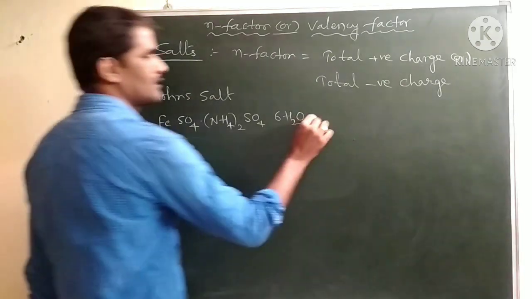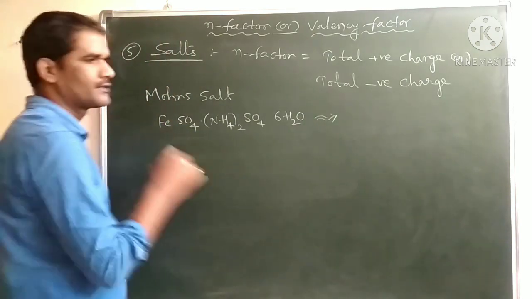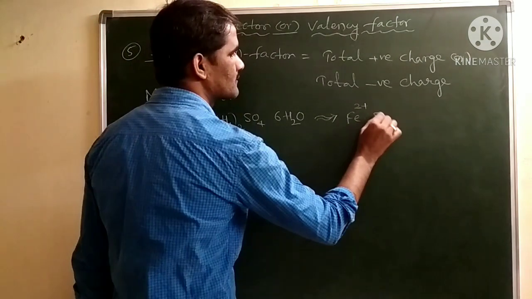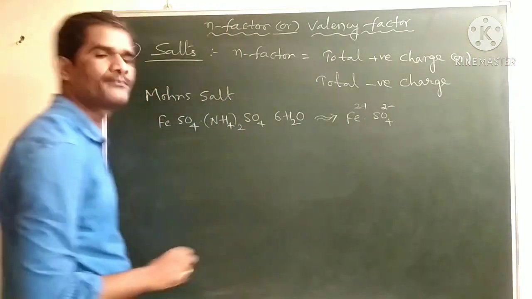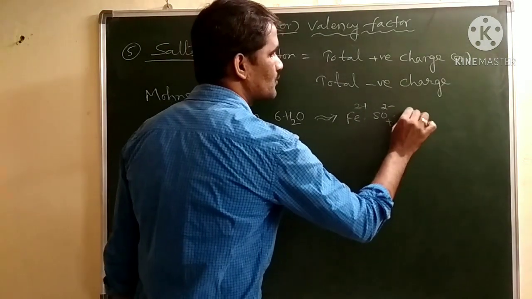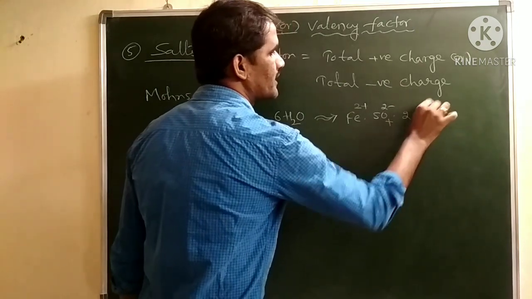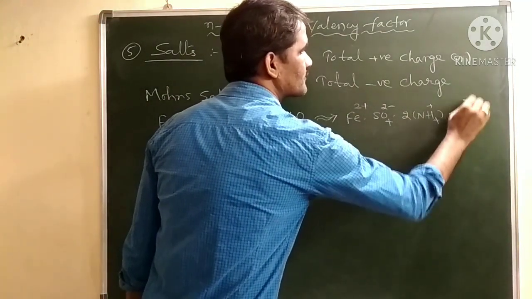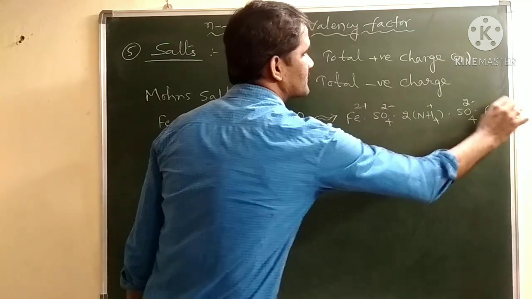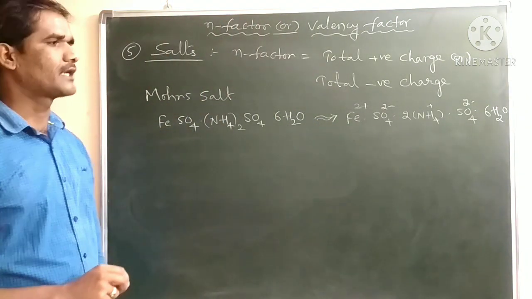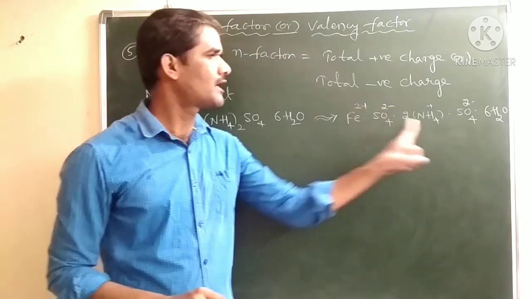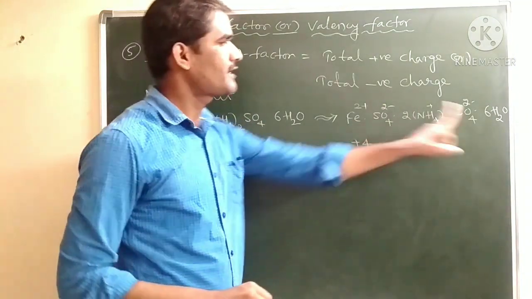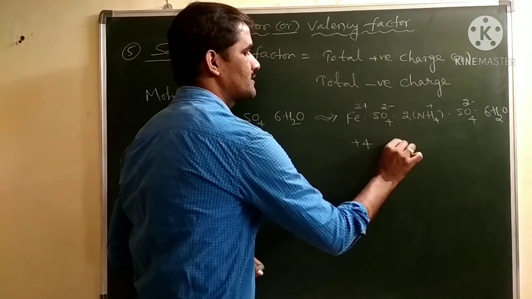Here the salt exists as Fe2 plus and sulfate SO4 2 minus, then ammonium sulfate, 2 ammoniums, 2 NH4 plus, and 1 sulfate, again SO4 2 minus, and 6 water molecules as they are. Now the total positive from iron 2 plus and ammonium is 4 here, and with 2 sulfates the total negative is again 4.